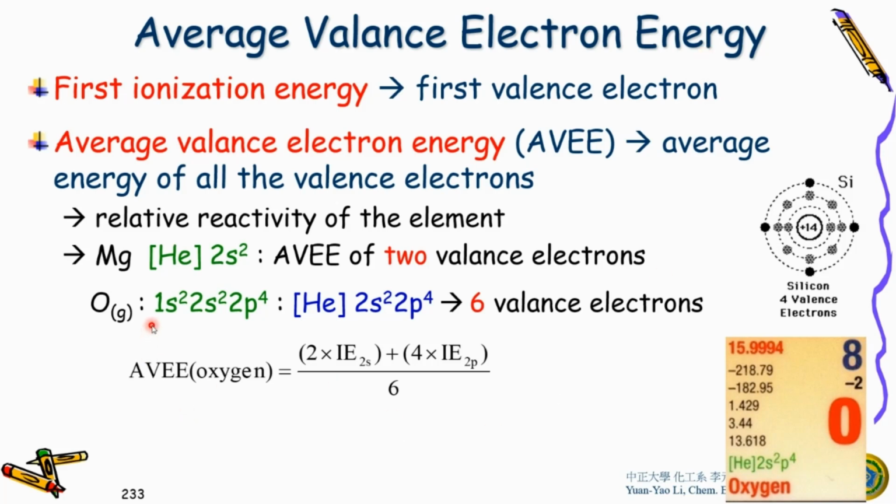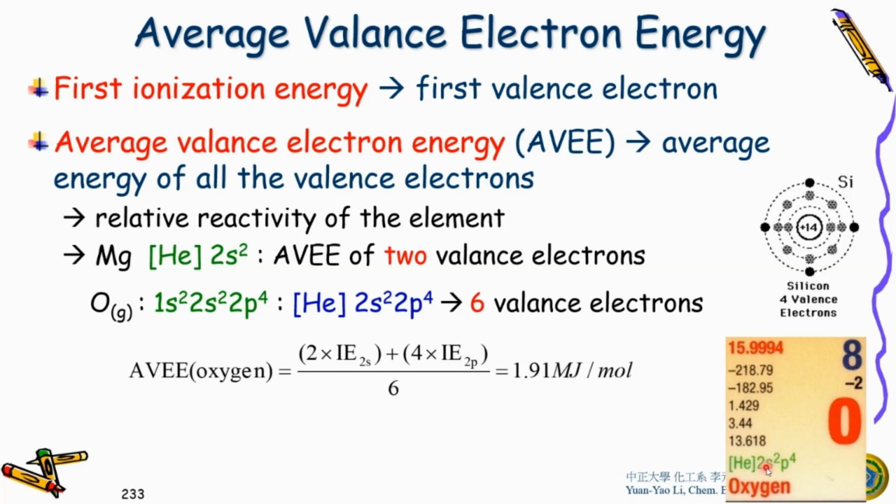For example, oxygen: you have the ionization energy of 2 electrons in the 2s orbital, right? And you have 4 valence electrons in the 2p orbitals. So you add this energy and this energy together, and you divide by 6. Why 6? Because there are 6 electrons, right? So that's how you get the average valence electron energy.